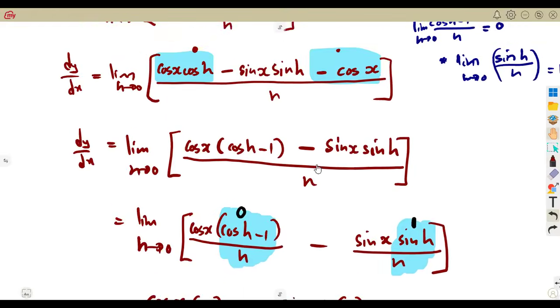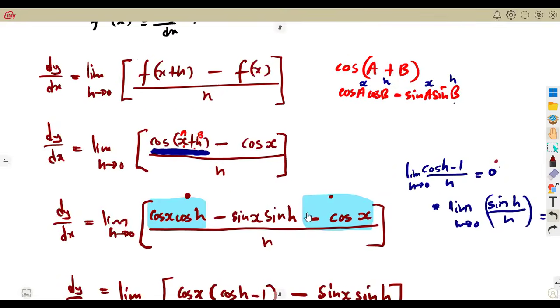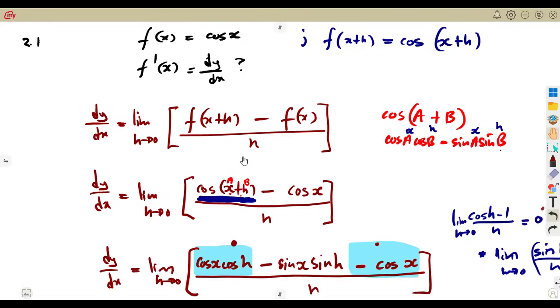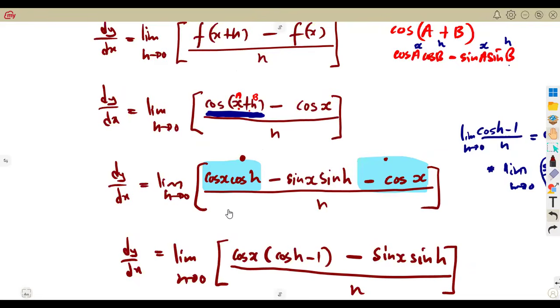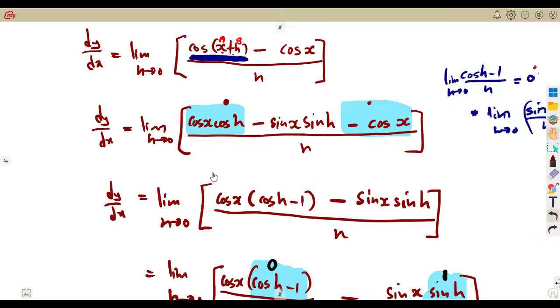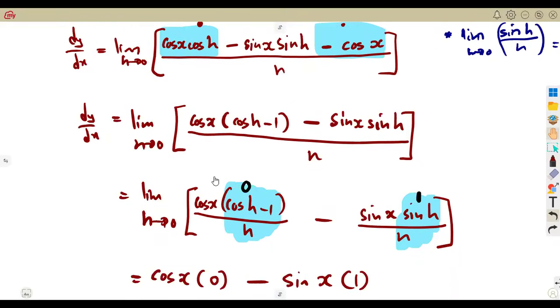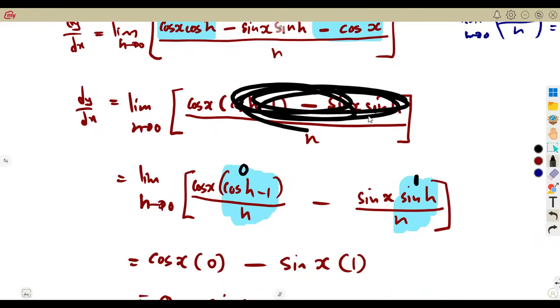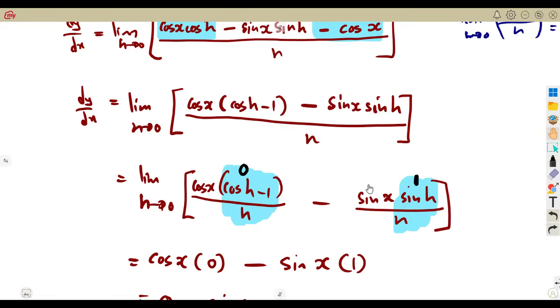Is that what you're supposed to have when you are differentiating cos x? Is the derivative of cos x minus sine x? Yes, that's true. That is what you're supposed to expect. So these are the stages, guys, which are important to note, especially the stage of separating here. Be very careful there because you want to have the limits that you are given.